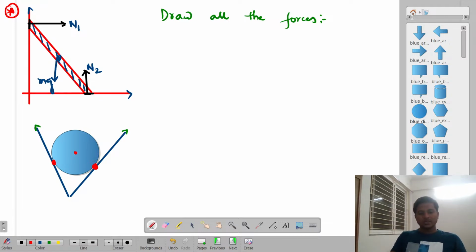But the weight of the block will still act from the center of the sphere, or not? Yes, this will be how much? mg, if the sphere has mass m. And first I'll draw the tangent on these two contact surfaces, isn't it?